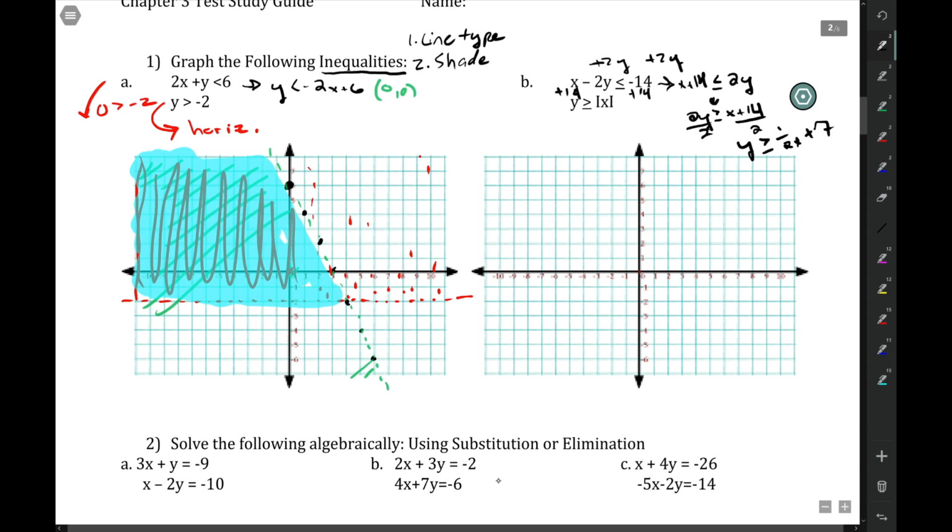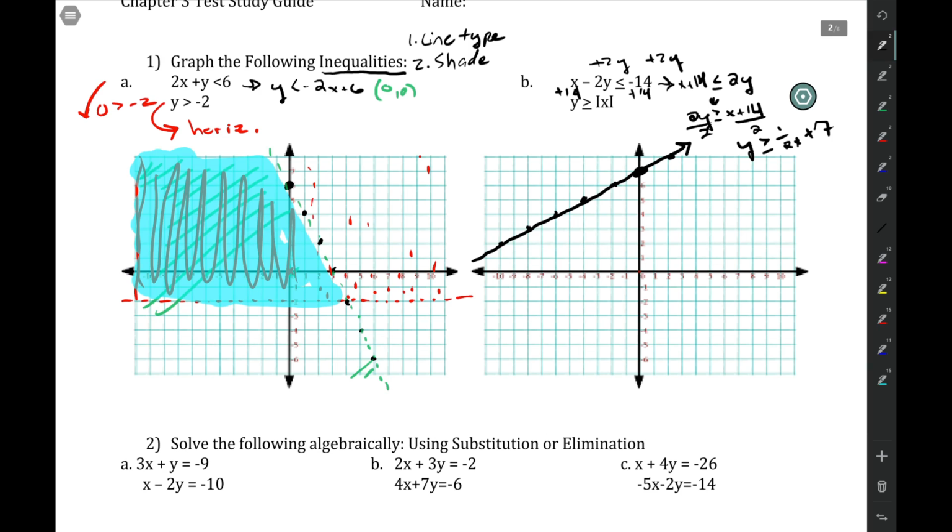Up 7. 1, 2, 3, 4, 5, 6, 7. Up 1 over 2, or down 1 over 2. And that's it there. A solid line this time around. And shading wise, is 0 less than negative 14?